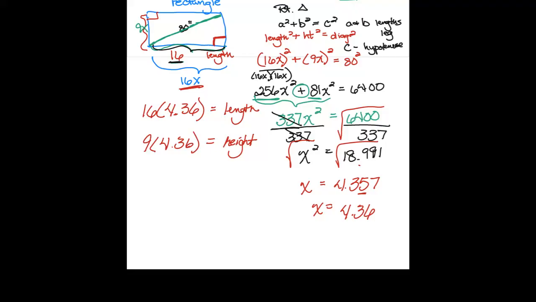Whew. And what do we get for length and height? Give me to 3 decimals. Okay. Give me whatever decimals they give me then. 69.76.